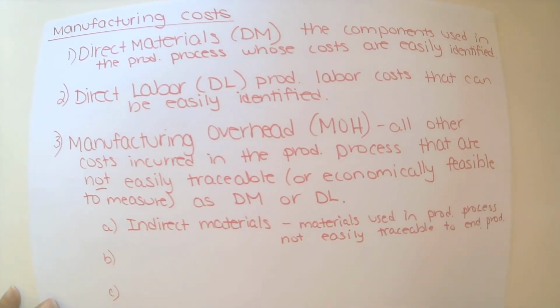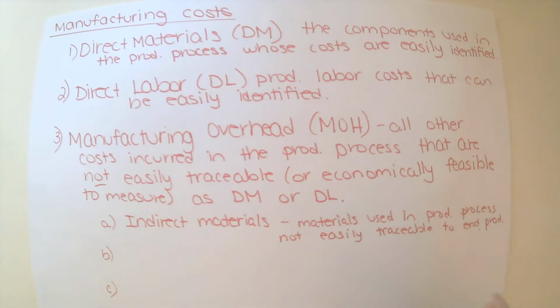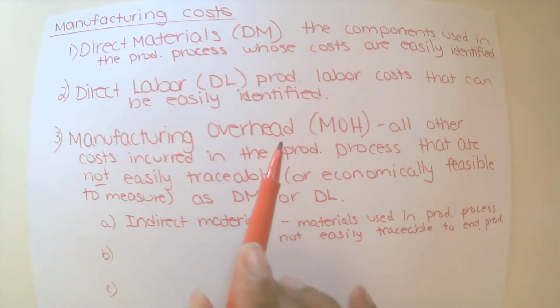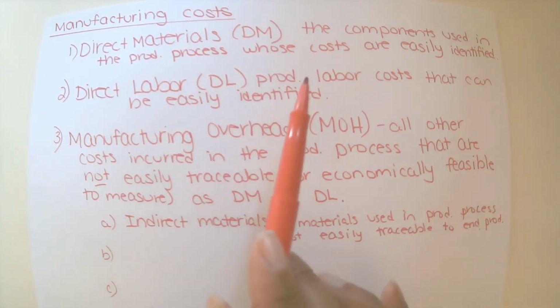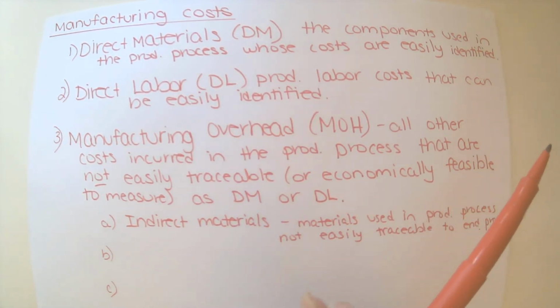Think about when you're baking cookies and you have to put in just a little bit of baking powder, 1/4 of a teaspoon. Yes, it is a material that you need in the final product, otherwise it won't taste good. So it is a material, but it's such a small part that it's hard to trace the cost of that to the end product, right?